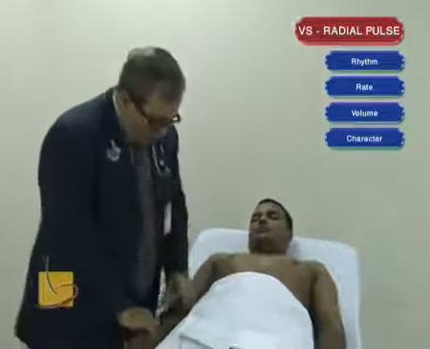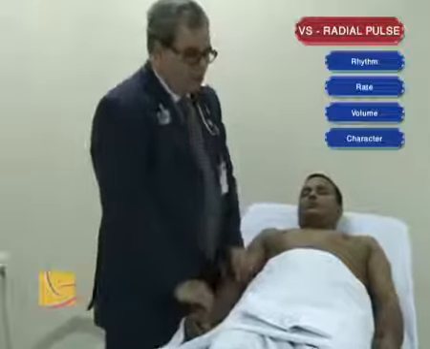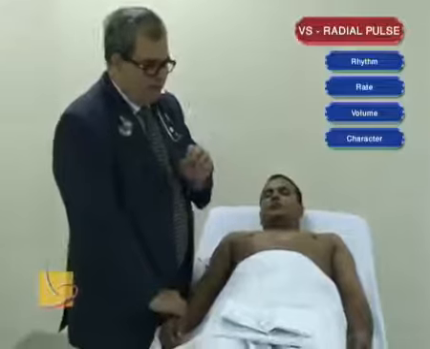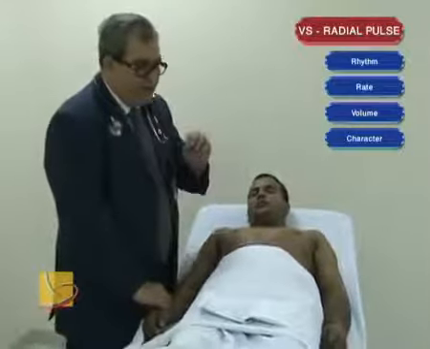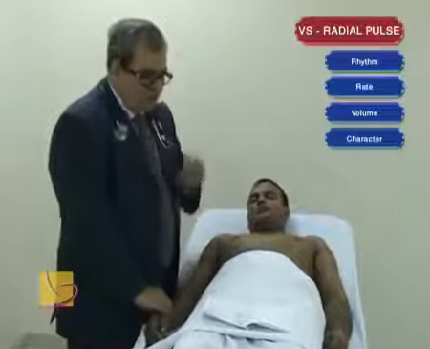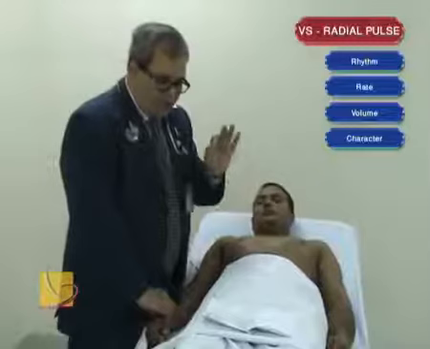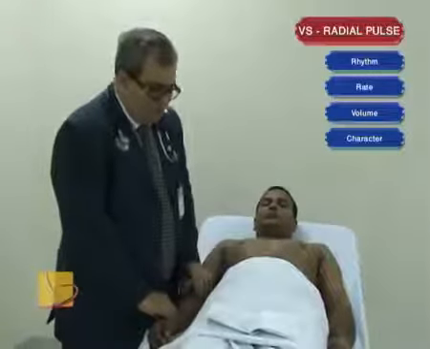It means that when we feel the radial pulse or the brachial pulse of the patient, we'll feel that the volume of the pulse is variable. The volume will decrease during inspiration and it will increase during expiration.